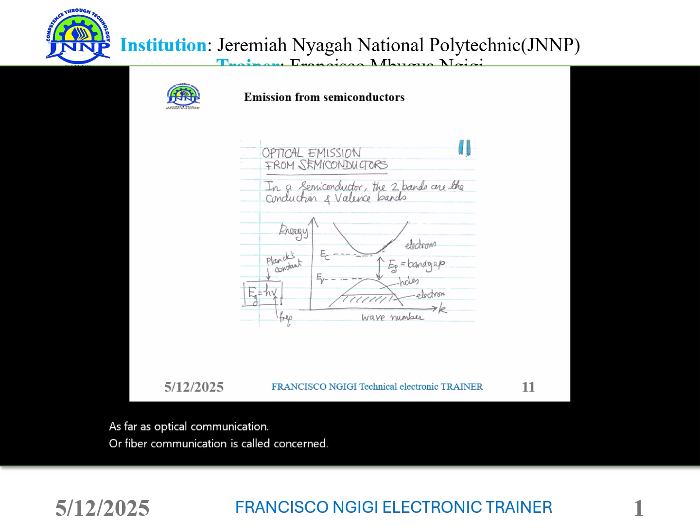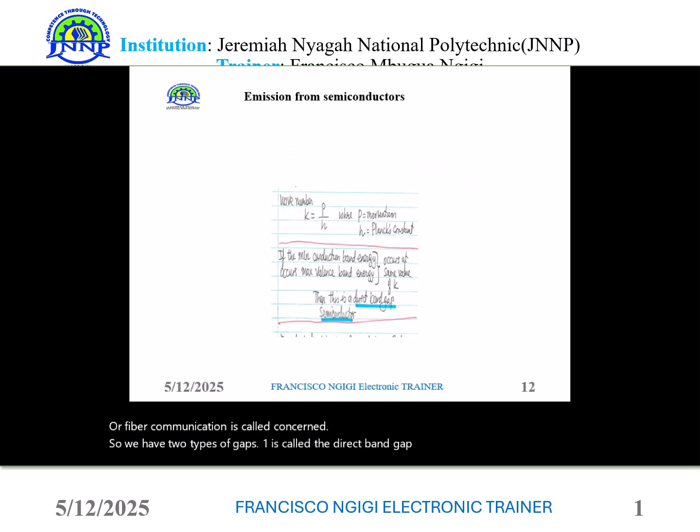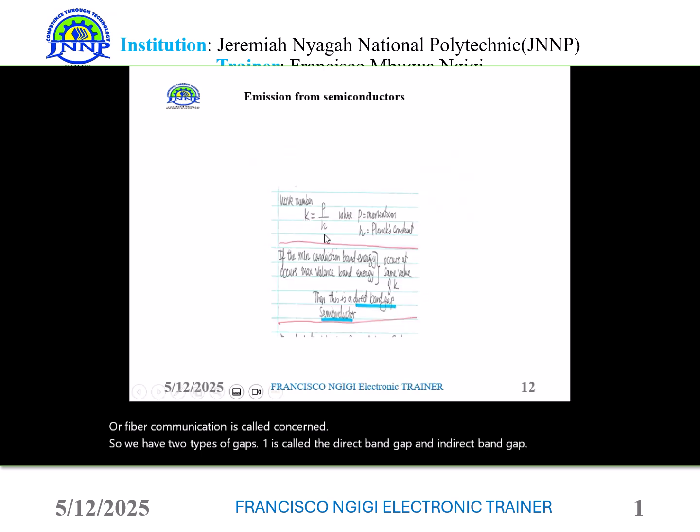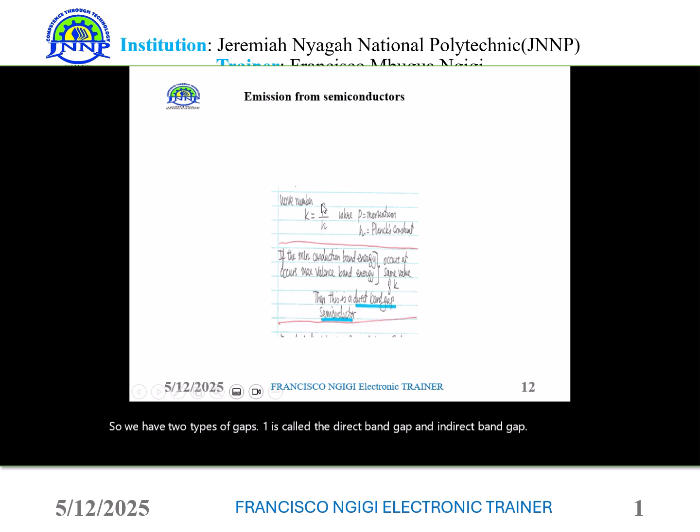So we have two types of gaps: the direct band gap and the indirect band gap. This is also a good equation. K equals P over h, where P is the momentum and h is the Planck constant.